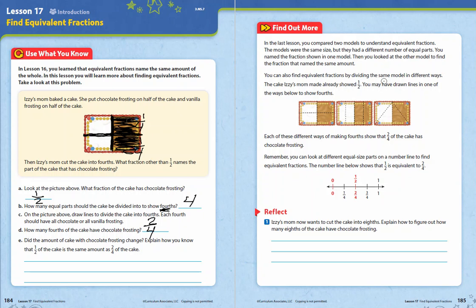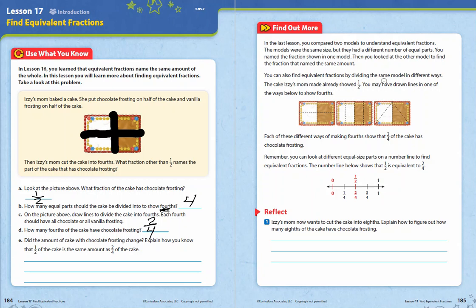But it's also 1/2 of the cake if you cut it up and down. So we cut it up and down. That's half of the cake. But you can also cut it just like we did with the 1/4, where you have it up and down, but you also have it this way.